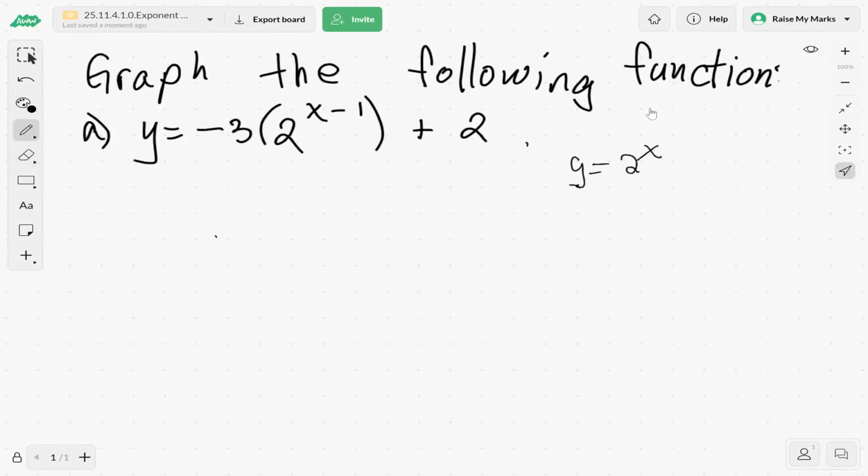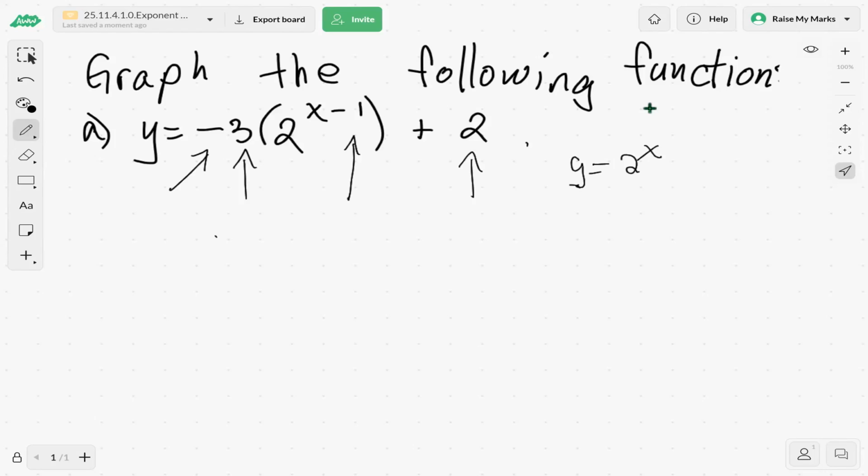Okay. So we want to have an idea of what that function looks like, and then we're going to apply our transformation. So what are the transformations applied to our base or parent function? Well, we have a negative here, we have a 3, we have a -1 and a 2. So what do each of these numbers or values do?